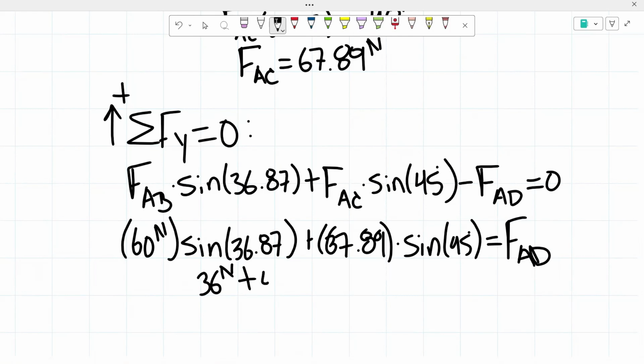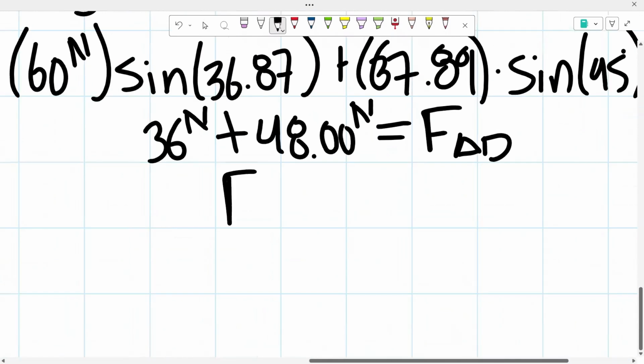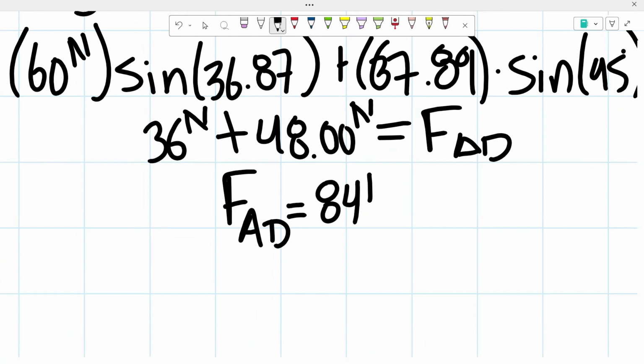That should give you 48.00 newtons, so 48 newtons. If we add those two forces together, we would get that the force of the spring AD is equal to 84 newtons.